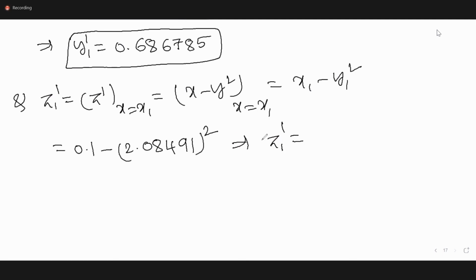So z1 dash is equal to, what is the answer?